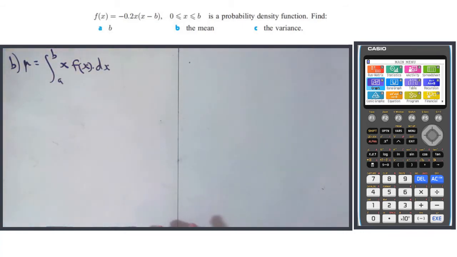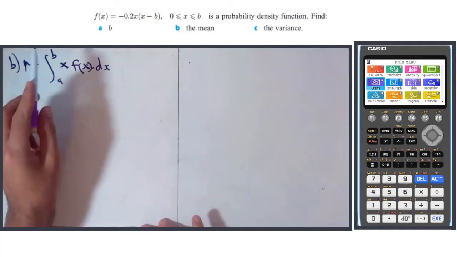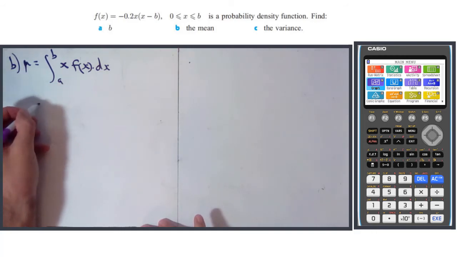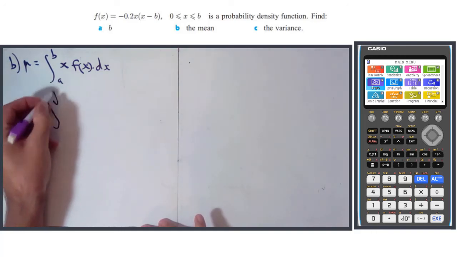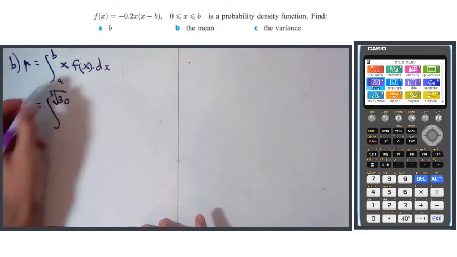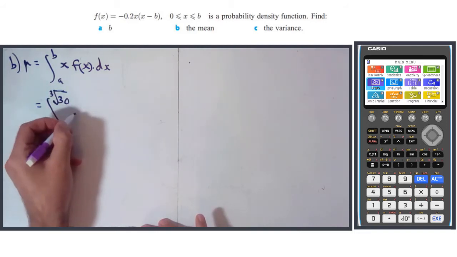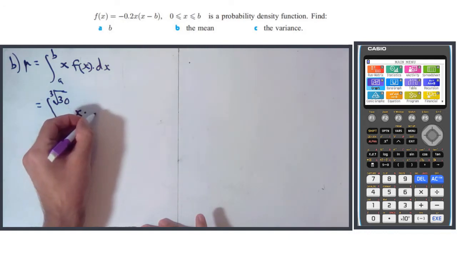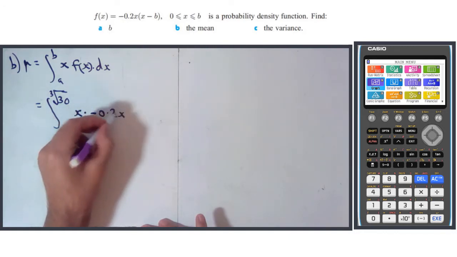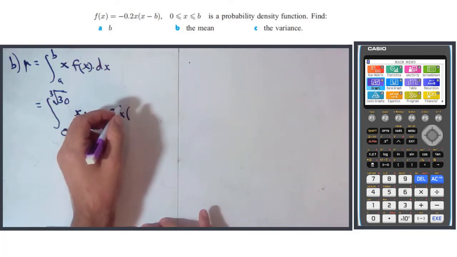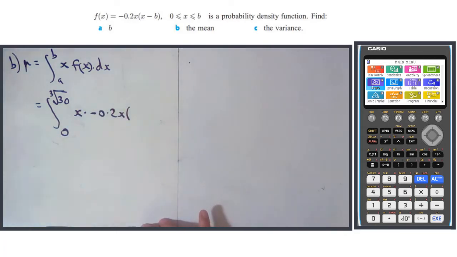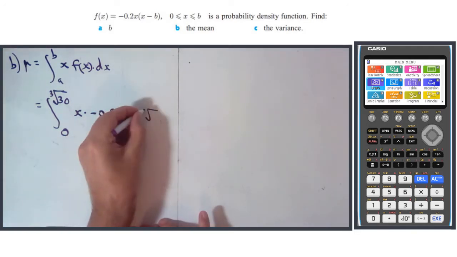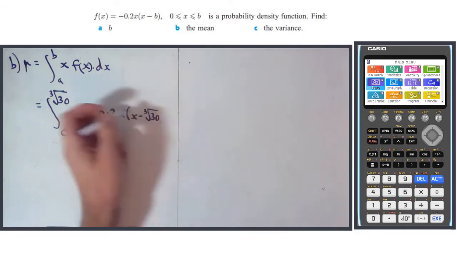Our b is now the cube root of 30 and a is 0, so it's the integral between the cube root of 30 and 0 of x times f(x), where f(x) was -0.2x(x - the cube root of 30).